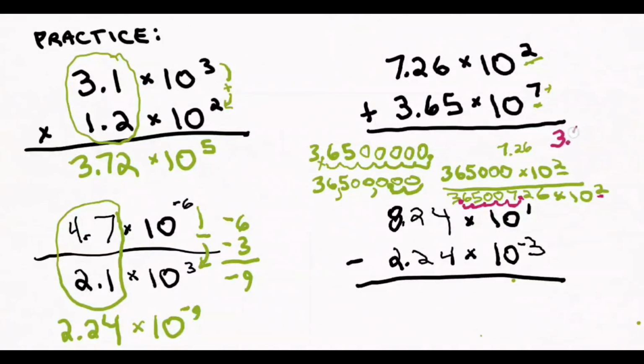So that ends up giving us 3.6500726 times 10 to the 7th. And of course, with scientific notation, you do rounding, so you can just drop those off. So the answer would be 3.65 times 10 to the 7th.